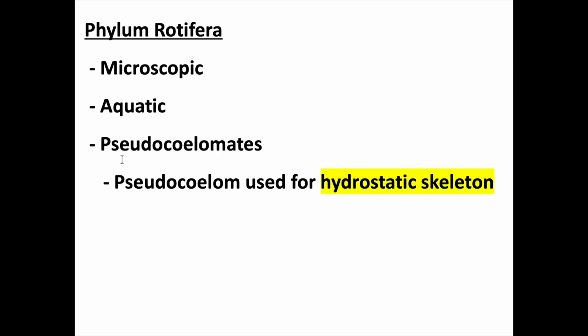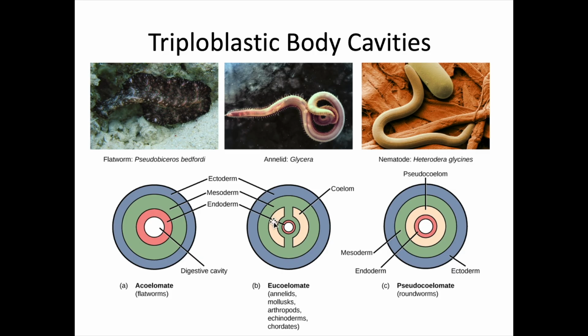So these rotifers are microscopic, they live in the water, and they are pseudocoelomates. This is the first time we've seen something that's a pseudocoelomate. If you'll remember, that means they have a body cavity that is located in between the mesoderm and the endoderm.